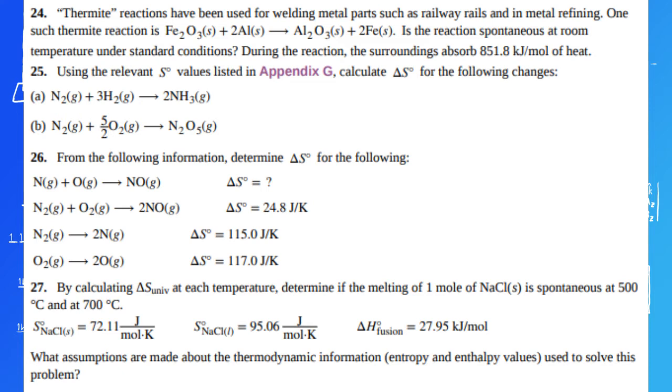Thermite reactions have been used for welding parts such as railway rails. In metal refining, one such thermite reaction is that one given there. Is the reaction spontaneous at room temperature under standard conditions? During the reaction, the surroundings absorb 851.8 kilojoules per mole of heat.